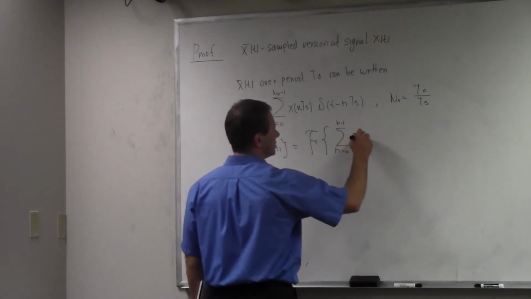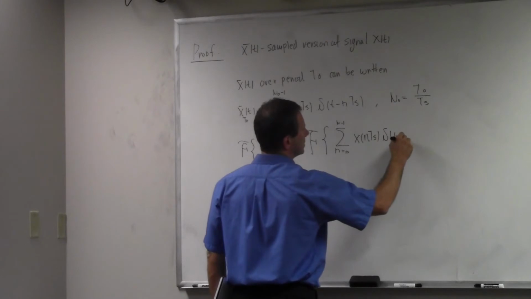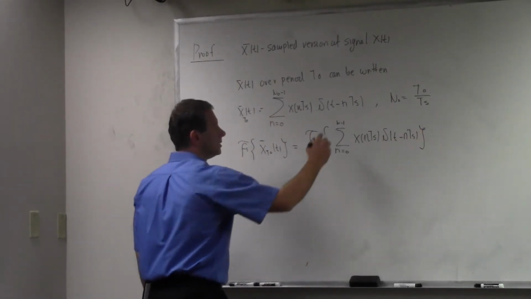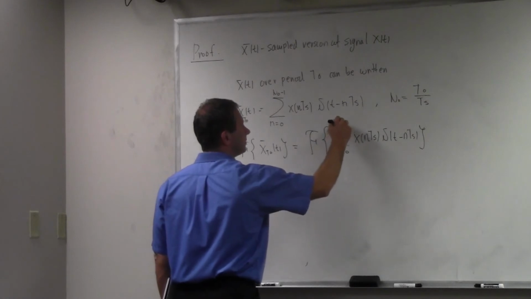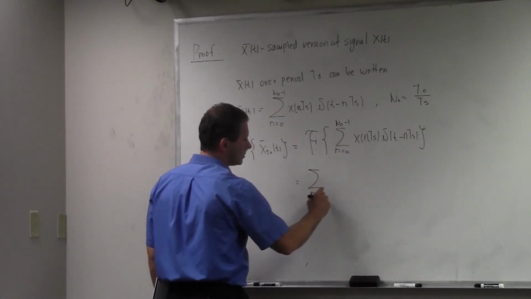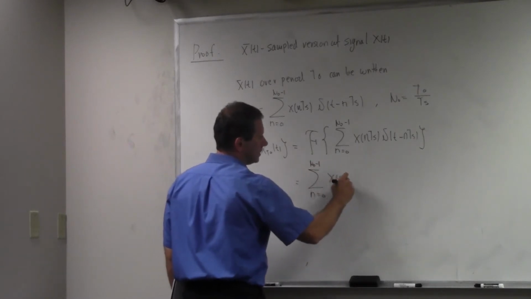So this is the Fourier transform of the sum over n of x of nts, delta of t minus nts. When I bring this Fourier transform inside, this becomes the sum when n goes from 0 to n0 minus 1 of x of nts.